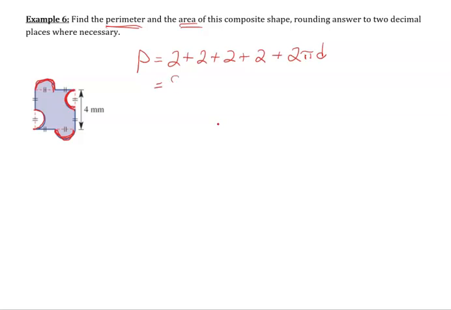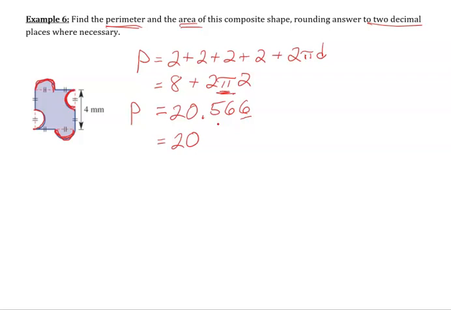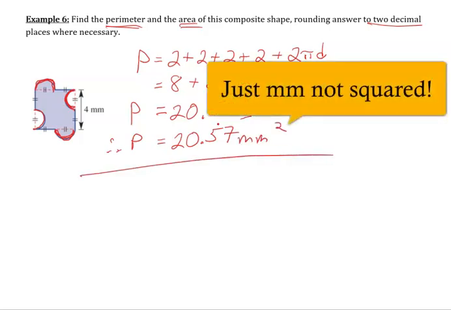So 2, 4, 6, 8, plus 2 times pi times 2. That gives us a perimeter of 20.566, etc., but I'm rounding to 2 decimal places because that is 5 or bigger. Therefore, my perimeter is that many millimeters.